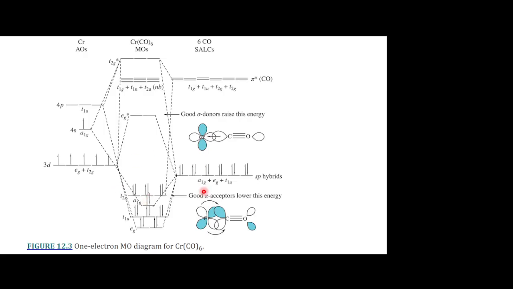Okay. And so this is what this is ultimately going to look like in terms of what we would see in these connections, okay? So this right here, if we're looking at the sigma donors, these are going to give you a rise in energy, and this is going to be on that direct overlap between one side.